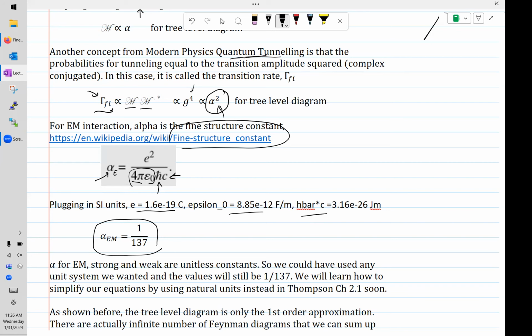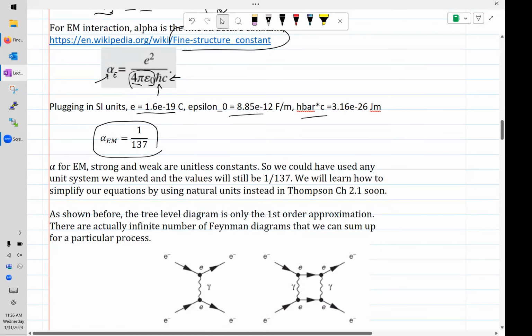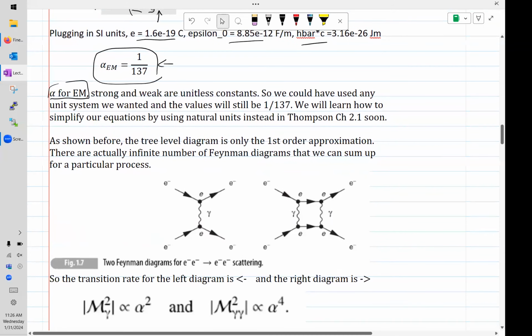It's actually a unitless quantity, which is really nice because when you convert to a different unit system, which we'll hopefully do by the end of today, this constant remains the same number. No matter whether you use SI units or imperial units, whatever units you want, this number always comes out to be the same. So for electromagnetic interaction, this number is 1/137.